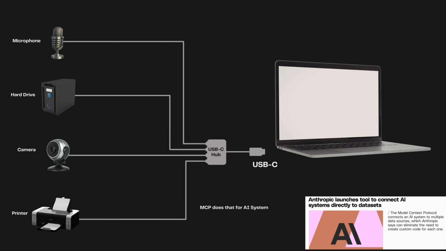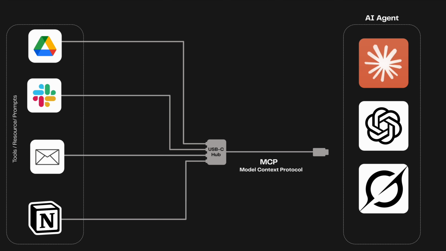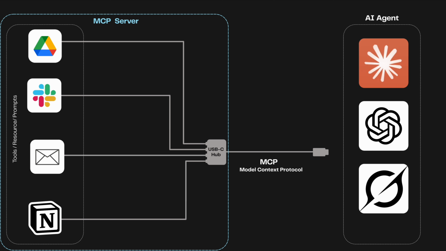Built by Anthropic and released as an open standard, MCP defines a universal protocol so that any client can plug into any data source or tool without needing custom code for every single integration. You build an MCP server once and suddenly it will work with Claude, ChatGPT, or Grok, or any other MCP-compatible host. That's the power of standardization.